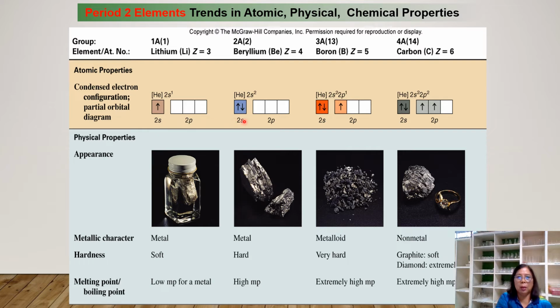For 1A, the group has only one electron in the second shell. Then for 2A you have 1, 2. And for boron, you complete first the s orbital, 2, and then 3.